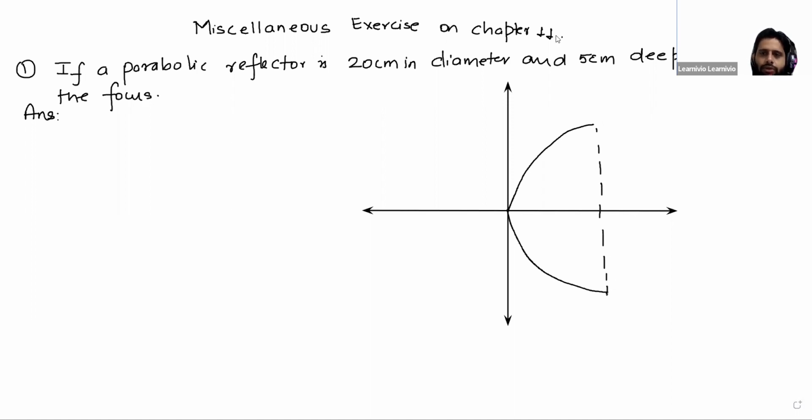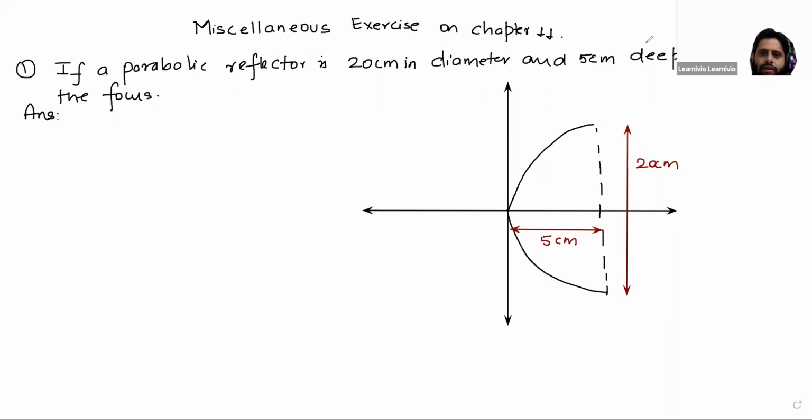Deep means its depth, this one. This is given. This is 5 centimeter and diameter is 20 centimeter.